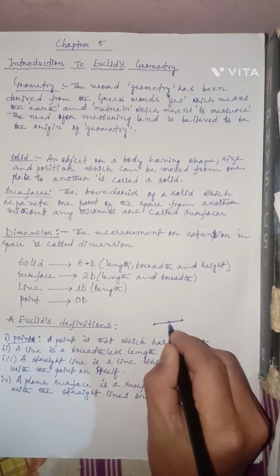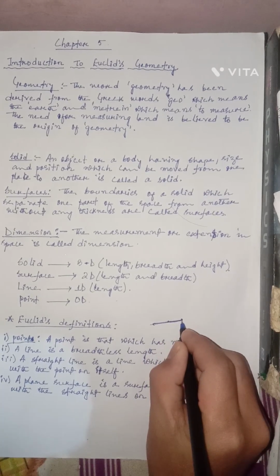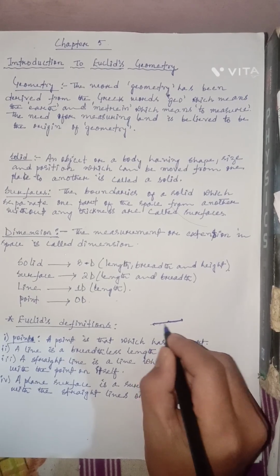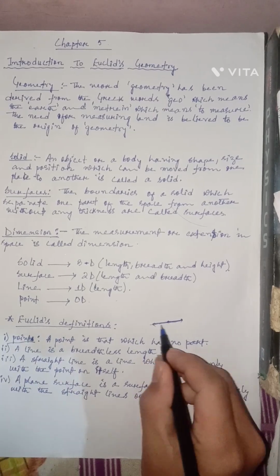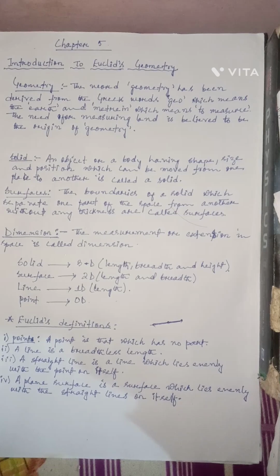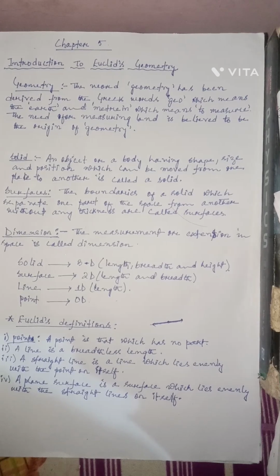And if we join these 3 points evenly, then by joining them in a line, they will form a straight line, right? Such kind of line which lies evenly on the points, we call a straight line. Understand?